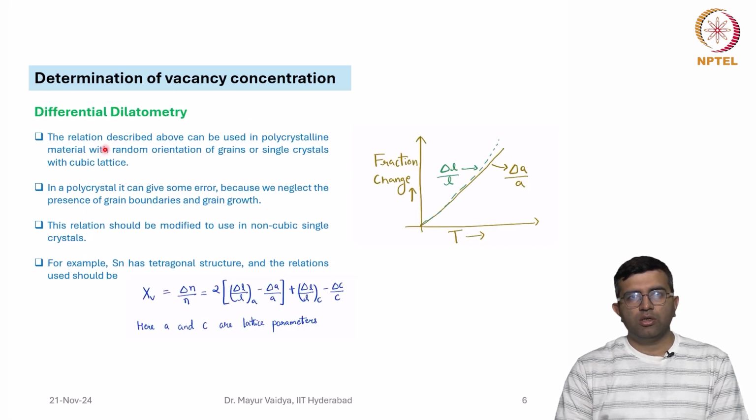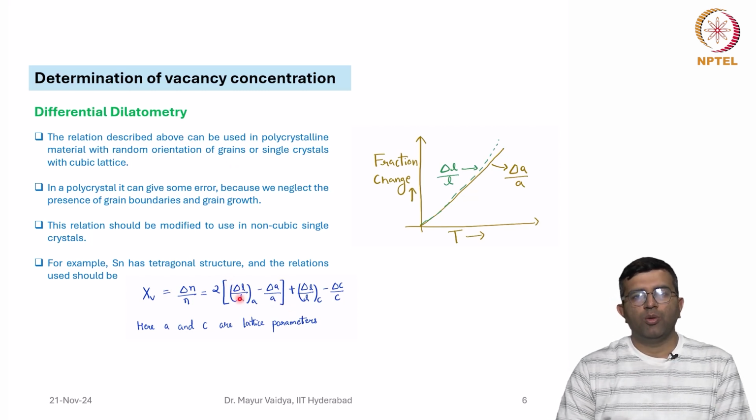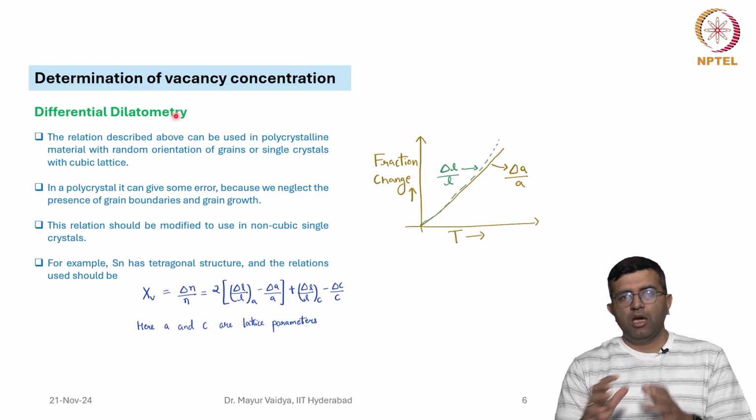Now, just before we go to the next experiment, one thing you may be wondering, how do we measure this delta L by L and delta A by A? So the delta L by L is measured using dilatometry, so basically the change in length.